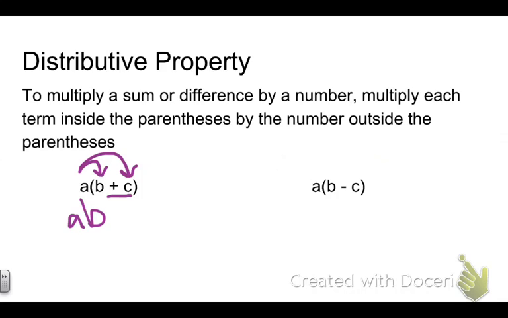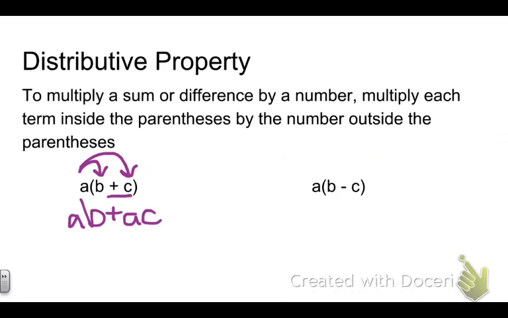Always take the sign in front of the number. That's going to identify if it's a positive or negative. So a times c is a positive a times c, or ac. Guess what? You're done. You don't have to do anything more with that.